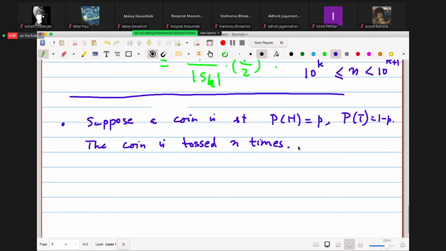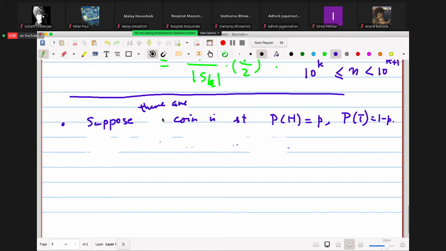Suppose there are n coins, all of them such that this is the case.